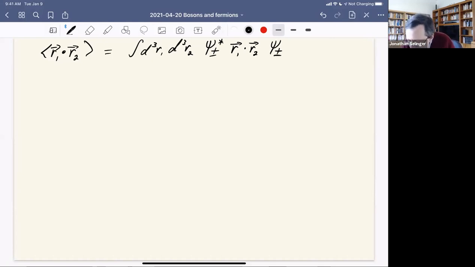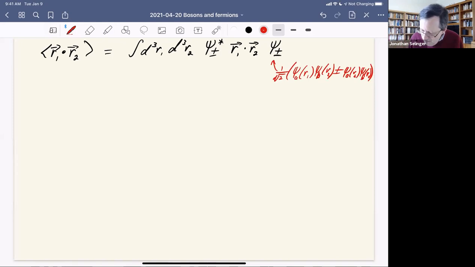Now we need to put in that this wave function is 1 over root 2 times psi A of R1, psi B of R2, plus or minus psi A of R2, psi B of R1.